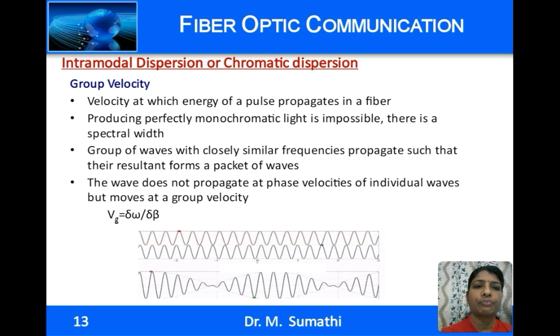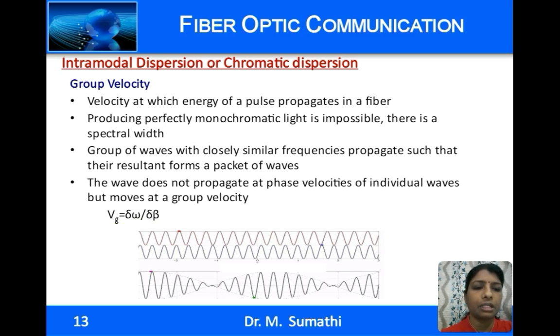Next, group velocity. We know that a source does not emit light at a single frequency but over a finite spectral width. So, group velocity is defined as the velocity at which energy of a pulse propagates in a fiber. Since the source emits light over a spectral width, a group of waves with similar frequencies travel forming a packet of waves, and these waves do not travel at the velocity of individual waves, but rather they travel at a group velocity, which is given by Vg is equal to delta omega by delta beta.